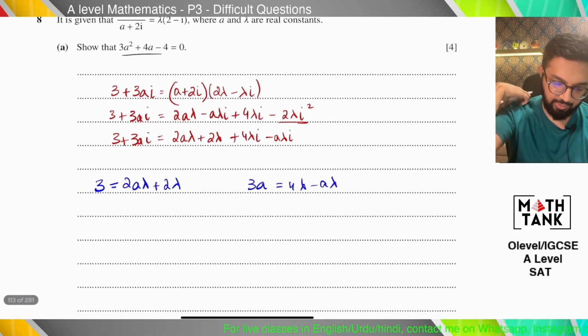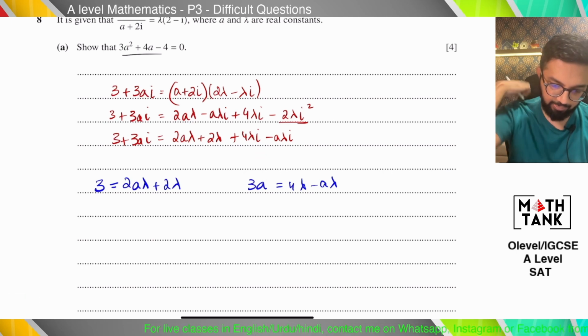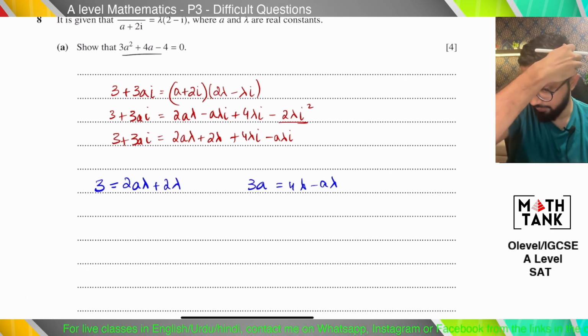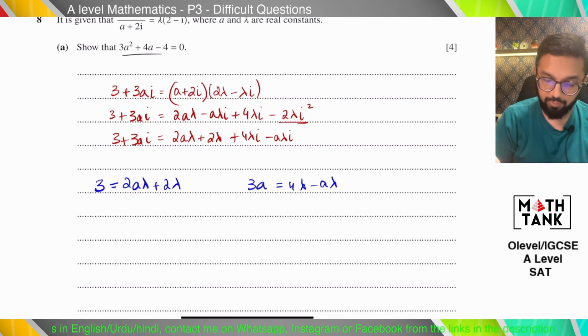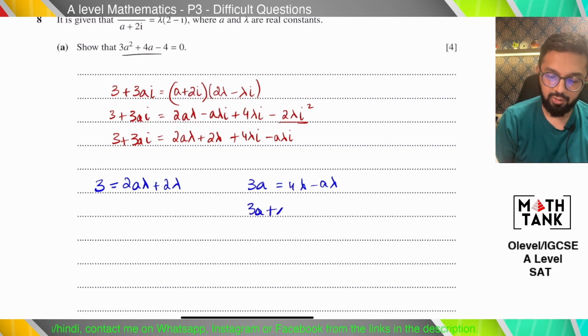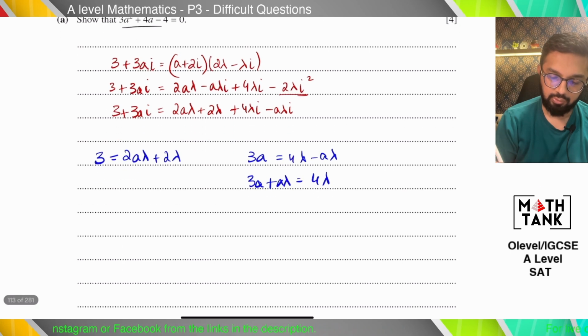My task is to get rid of the lambdas. So I'm going to take a substitution for lambda wherever it's convenient. I think it's convenient from here. Lambda is 3a over 4 minus a.